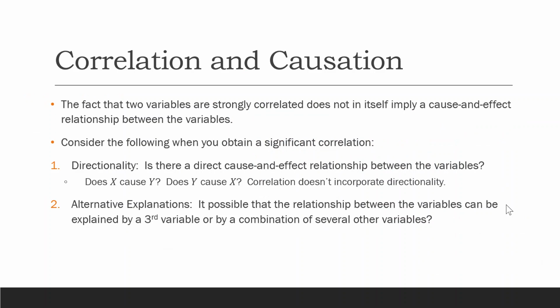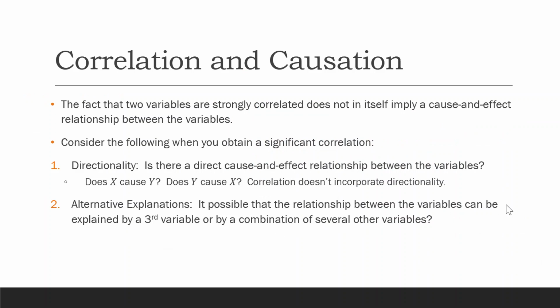So even if we get a very strong significant correlation coefficient, it does not mean that the x variable causes a change in y. There has to be some very important features of the study in order for us to use causal language. In observational studies, we don't have that. We need experimental studies to do that.